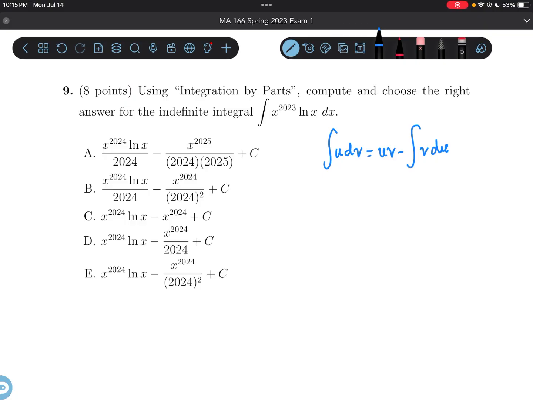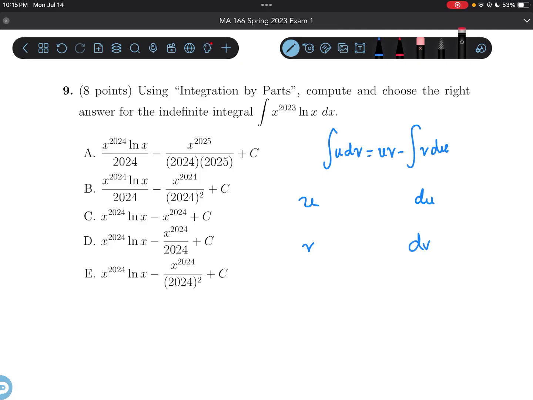Okay. So, when we do integration by parts, we want to start by figuring out what's going to be u and what's going to be dv.